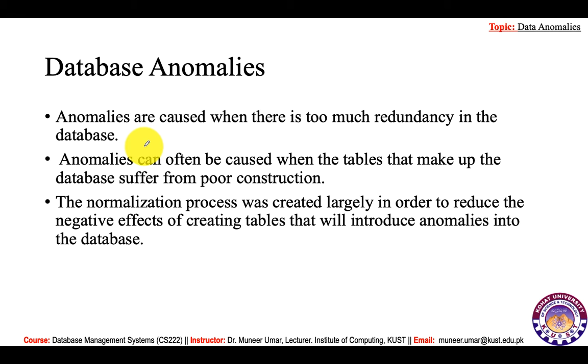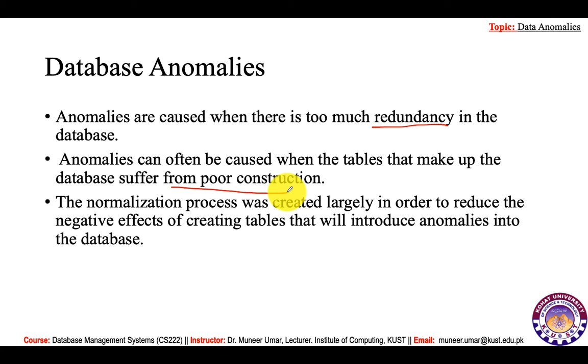So, actually, those issues are due to the data redundancy, and that situation is due to database anomalies. Anomalies can often be caused when the tables that make up the database suffer from poor construction. As I told you, the redundancy is caused due to poor database design.